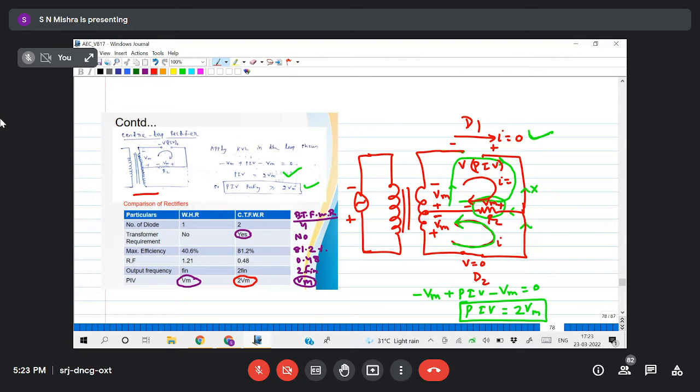Okay, that is only related to PIV. But if you consider the center tap transformer, the problem is that we must require a center tap transformer. If I don't have any center tap transformer, then I cannot design this rectifier. Then we must go for the bridge type full wave rectifier circuit where 4 diodes will be used. And obviously the half wave rectifier is no use because efficiency is less and ripple factor is high. Okay. Is it clear for all?